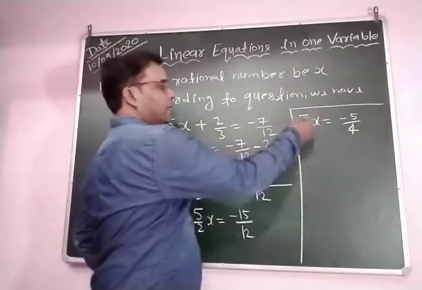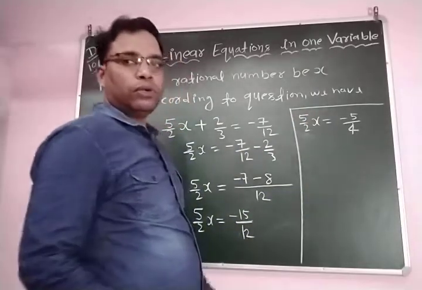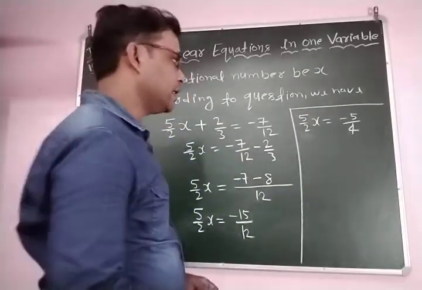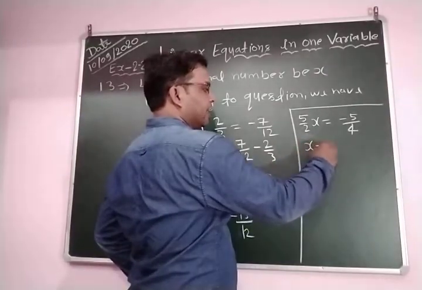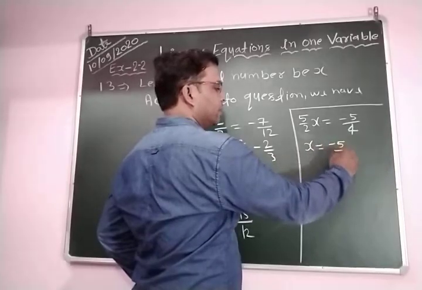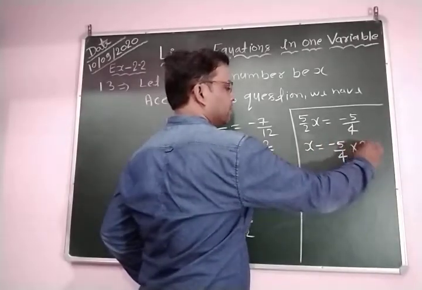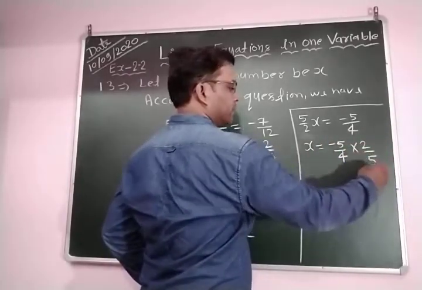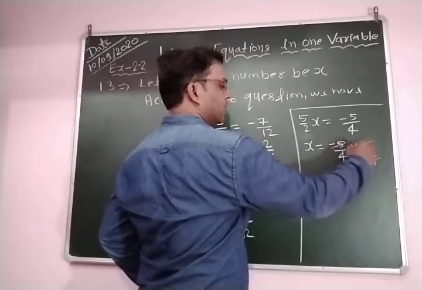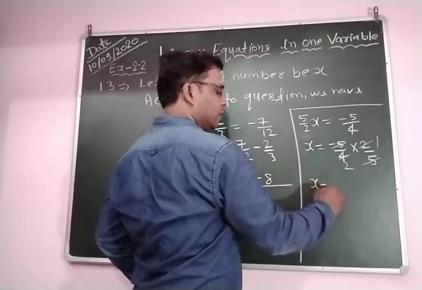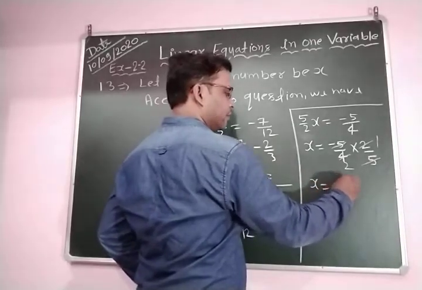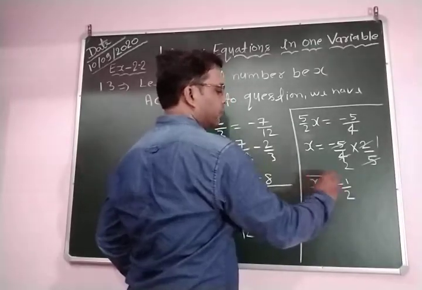Now we transpose 5 by 2 to the right-hand side, so we obtain x only on the left-hand side, and on the right-hand side minus 5 by 4 into 2 by 5. So 5 cancels here, and 2 times 1 is 2, 2 times 2 is 4. So you can say here we find the value of x is minus 1 by 2. So what is x?